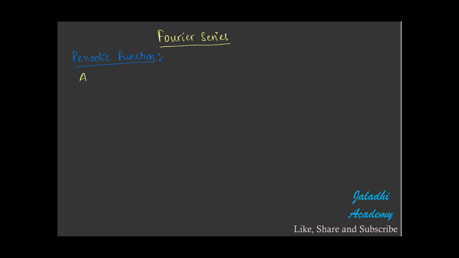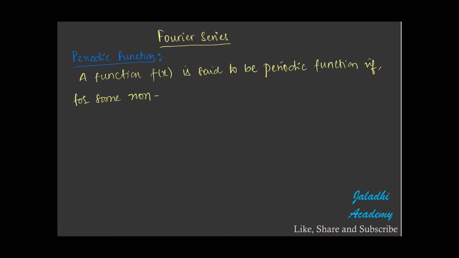A function f of x is said to be a periodic function if for some non-zero constant, so there must exist some non-zero constant p, such that f of x plus p is equal to f of x.